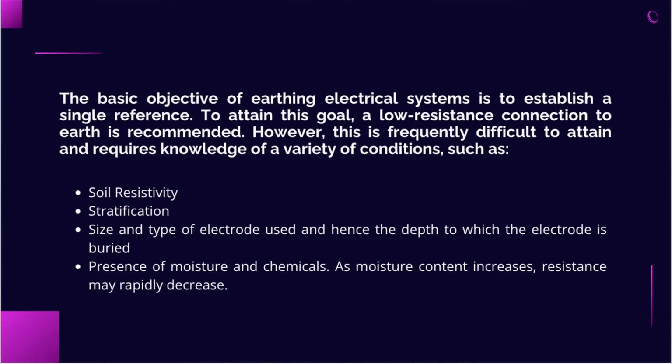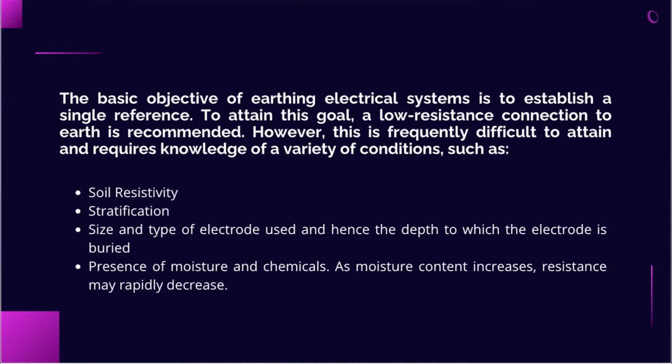The basic objective of earthing an electrical system is to establish a single reference. To attain this goal, a low resistance connection to earth is always recommended. However, this is frequently difficult to attain, and it requires knowledge of varieties of conditions.